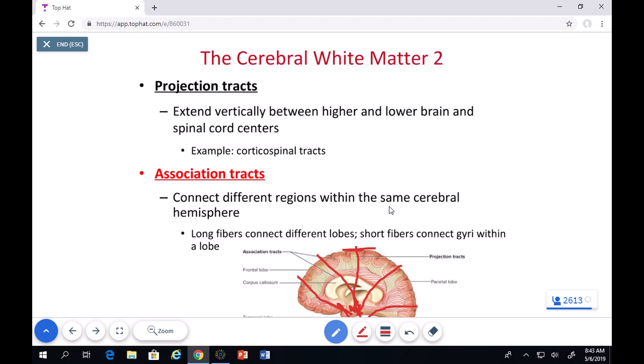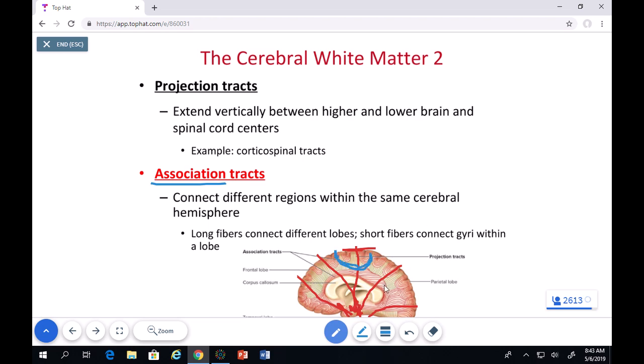When we look at association tracts, these are going to go from one part of the cerebral hemisphere to another part of our cerebral hemisphere. So to shift colors, I'll go with blue for the association tracts. We can take some sensory information and connect it to our motor information with an association tract.